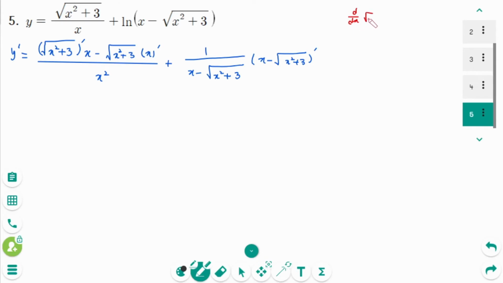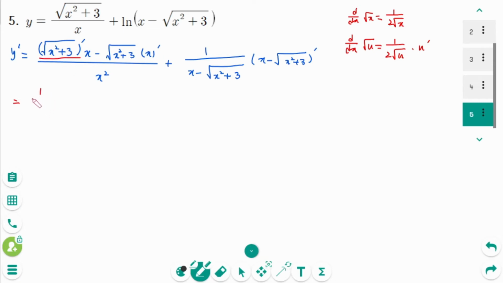d dx of square root of x equals 1 over 2 square root of x. Then d dx of square root of u equals 1 over 2 square root of u times u prime. Then back to the original.